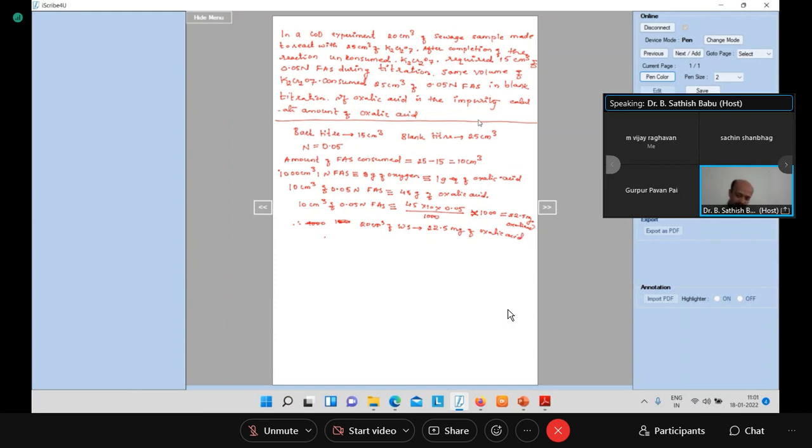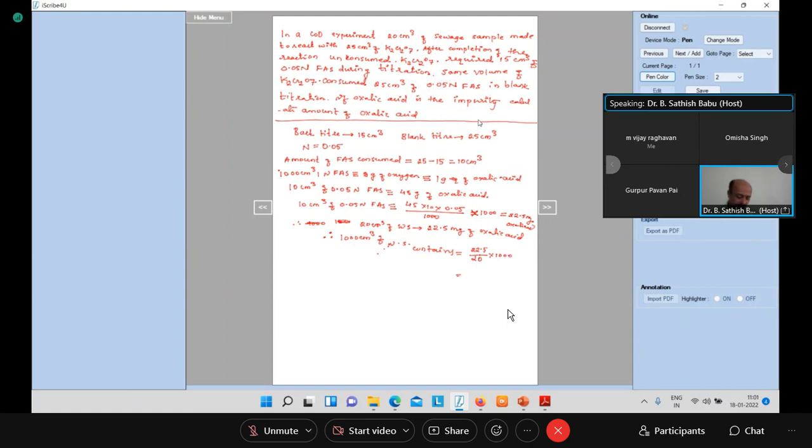Therefore, you have to express it for how much? 1000 cm cube. 1000 cm cube of water sample contains how much? How are we going to calculate that? 22.5 by 20 into 1000. For 20 cm cube it is 22.5, and how much for 1000?